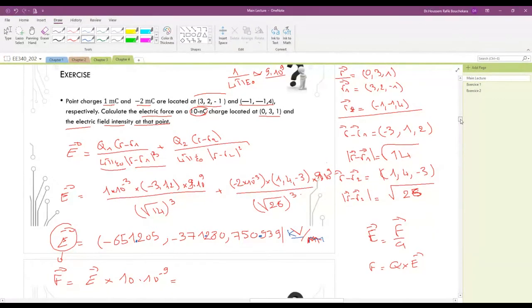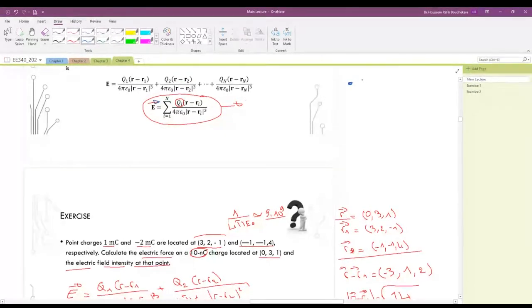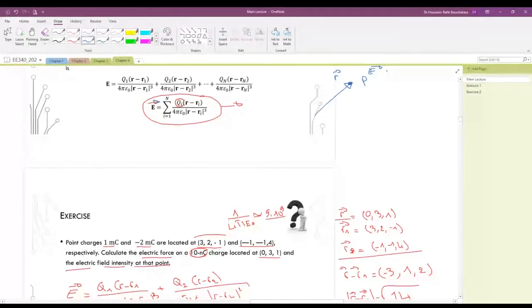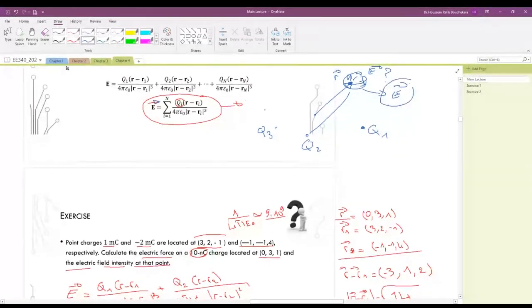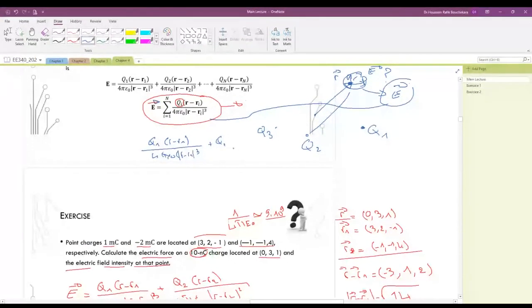The law is easy, Sajer. We said this is the expression, like the one for the force. If I want to calculate the electric field at a point, let's say P, the position vector of this point is R. I want to calculate the electric field here. This electric field is created by charge Q1, charge Q2, charge Q3, for example. Each one will create an electric field, and the total electric field is the field created at P. So how do we derive the expression? It will be Q1 (R minus R1) over 4 pi epsilon 0 |R minus R1| cubed, plus the same thing for Q2, plus the same thing for Q3.